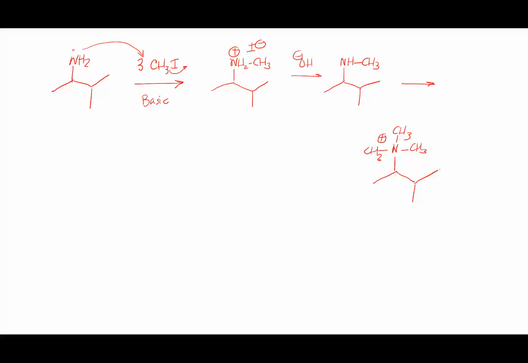The way to do that is to make it an N+, because now if I break this carbon-nitrogen bond and give the pair of electrons to the nitrogen, it can leave as a neutral molecule. Kind of like the way we protonated OH to make the oxonium ion to have it leave as water. So this is called an exhaustive alkylation, because I'm turning the nitrogen into an NR3+ with the other alkyl group that's attached.